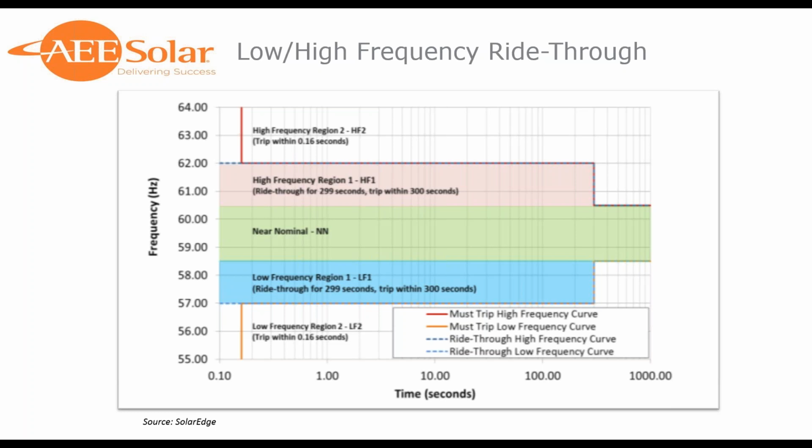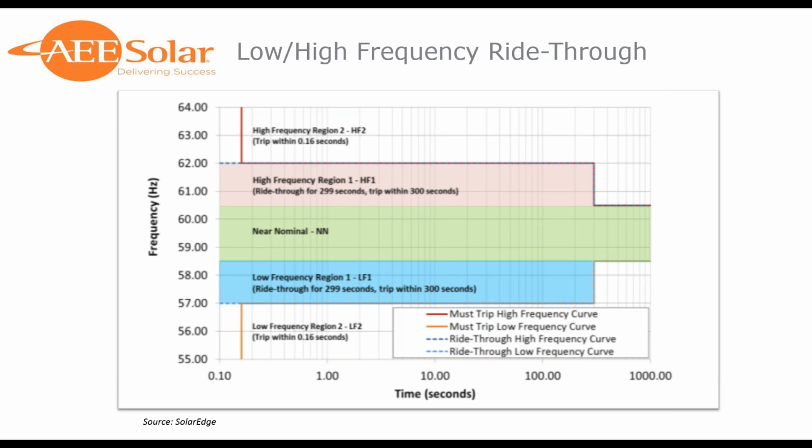When you work down at the local level, they're going to be able to specify the exact set point. Is it tripped at 57 hertz, or is it 56.5? In theory, it could be a utility district where their grid runs relatively slower or faster. So all of these boxes may move up or down.